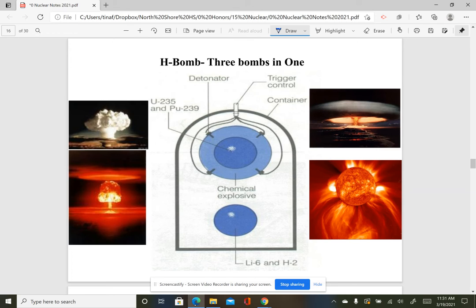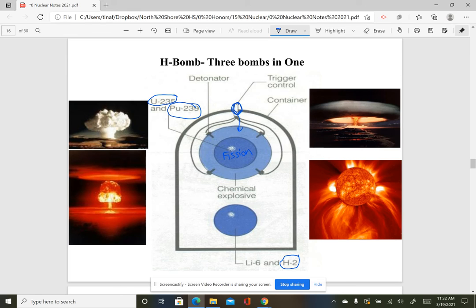This trigger right here, once it hits a chemical explosive area, we detonate this chemical reaction, which is going to create enough heat to start my uranium or my polonium. In here is where your fission is going to occur. Once your fission reaction is occurring, it's making enough energy to actually also detonate or start a fusion reaction.